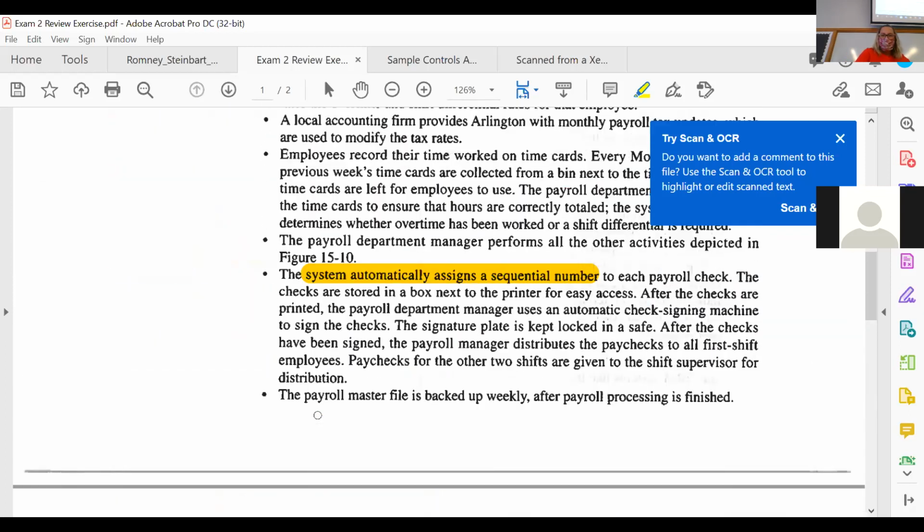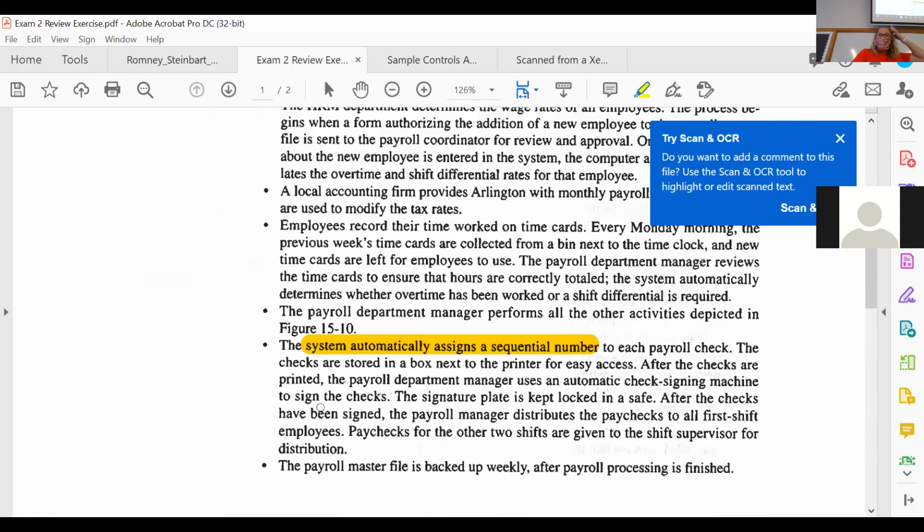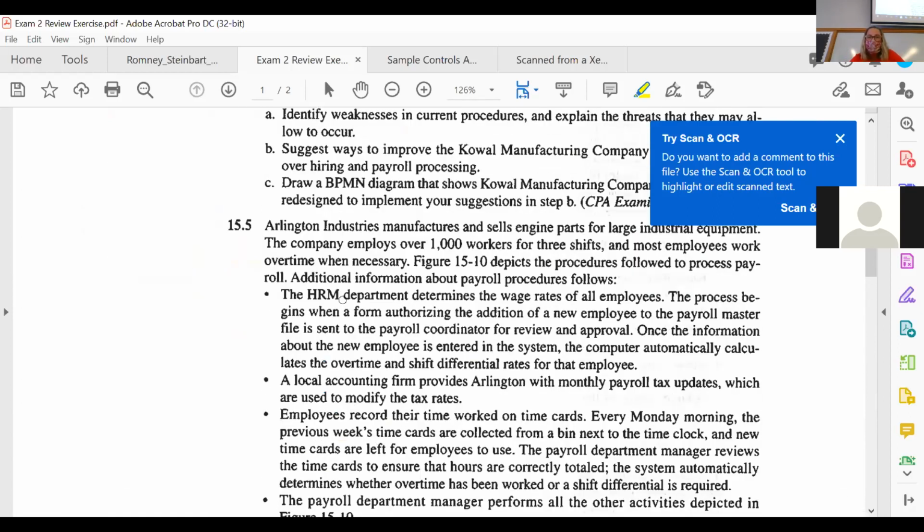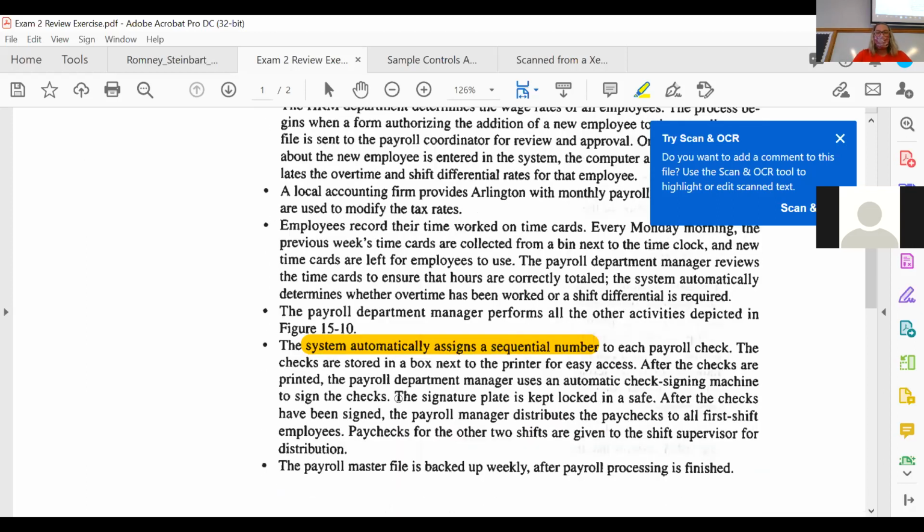There are a couple other controls that jumped out at me when I was reading the narrative. Let's see, does anyone have any ideas? That's a huge company, 1,000 workers for 3 different shifts. Yep, we talked about this one. For manual check writing processes, the manager uses a stamp, which is kept locked in a safe with limited access.